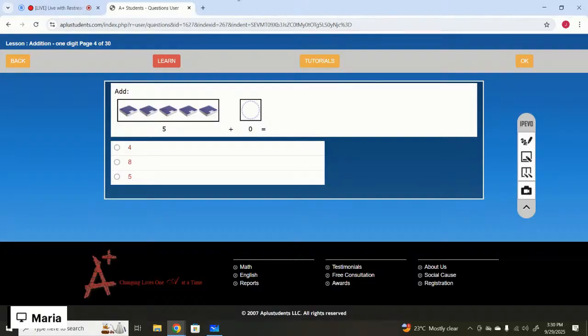Five plus 0. 5 plus 0 is 5. Option number 4 is the correct option.